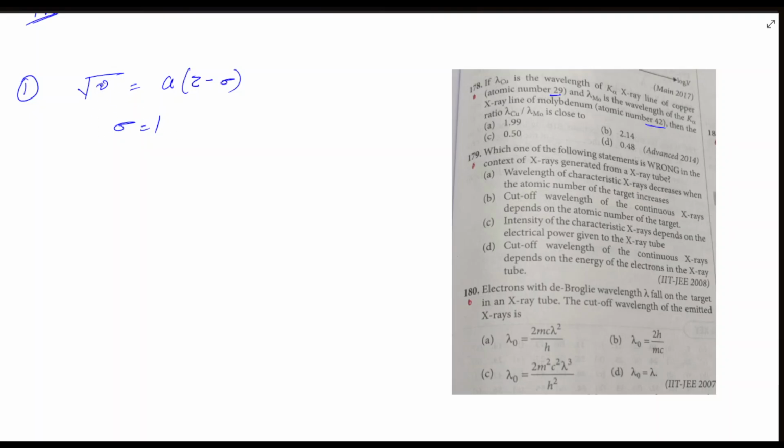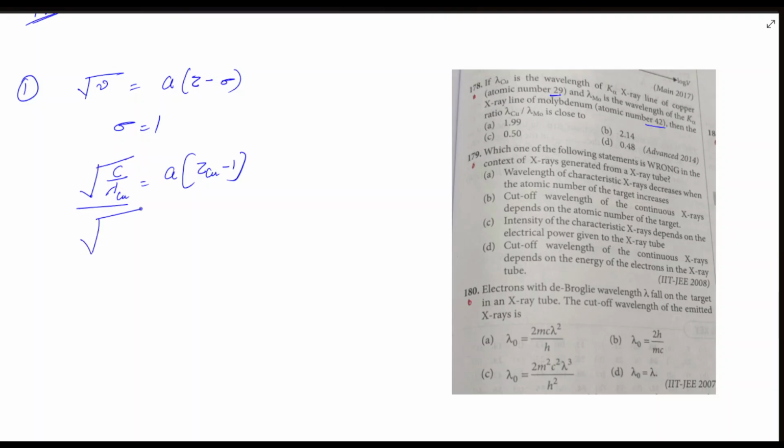So let's start. The frequency we can write as c by lambda. So for copper, where a is a constant, this will be root of c by lambda equals a(Z of copper minus 1), and we divide it by the same for molybdenum, a(Z of Mo minus 1).